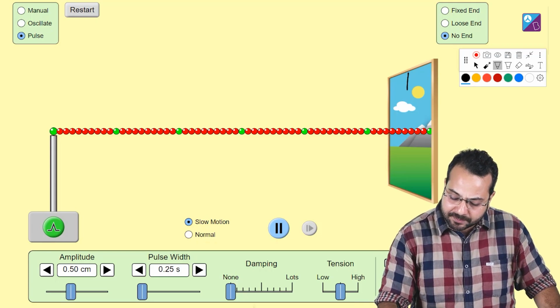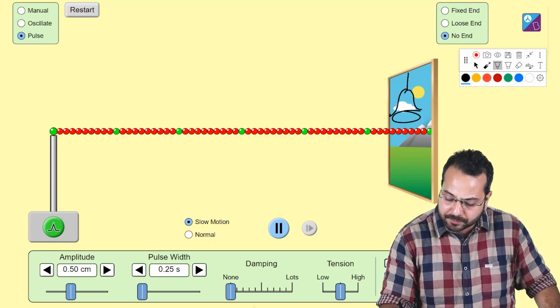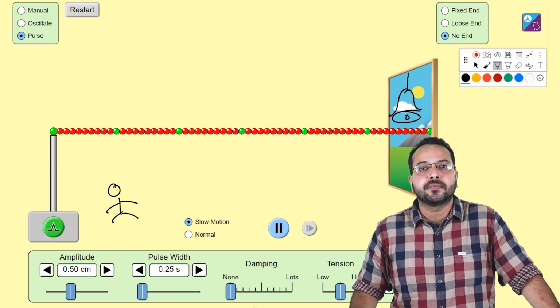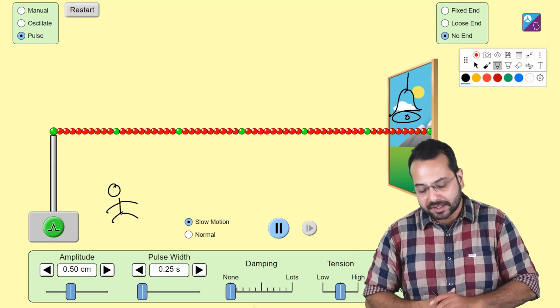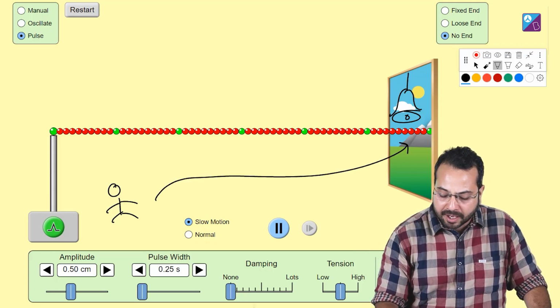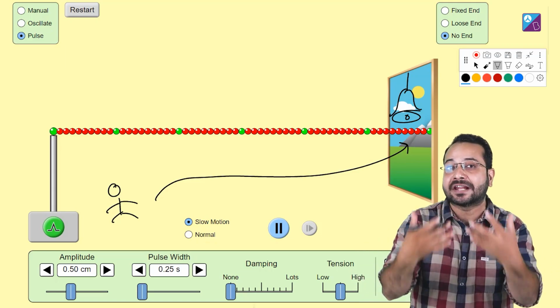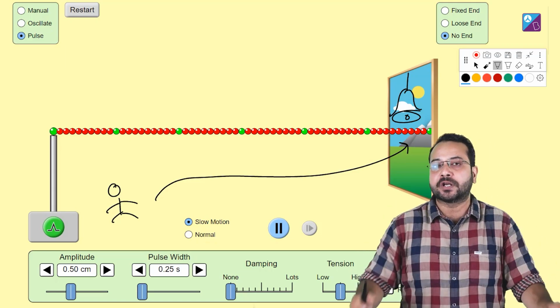Let's say there is a bell which is hanging from this window. I'm standing over here and I want to ring the bell. Now one of the ways I can do it is that I can walk all the way up here and then strike the bell. If I strike the bell, I transfer energy to the bell and the bell is going to ring.